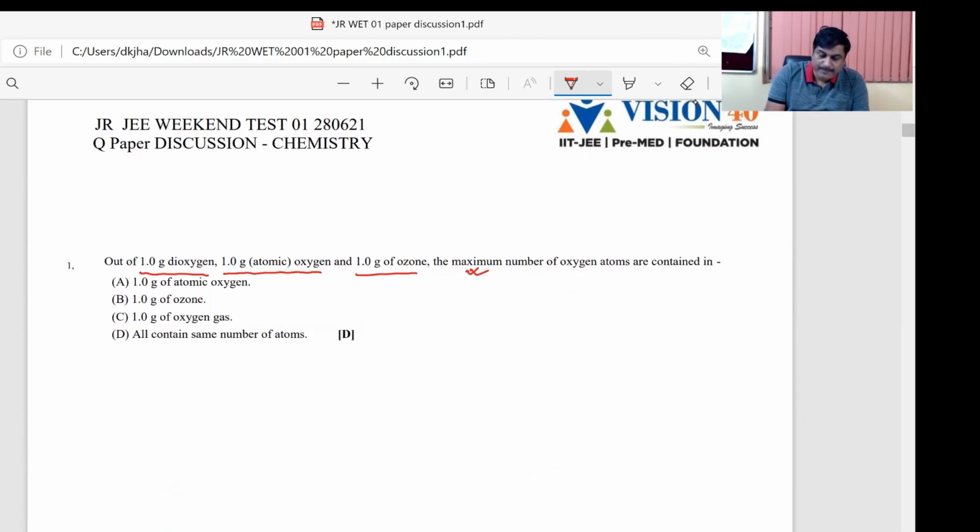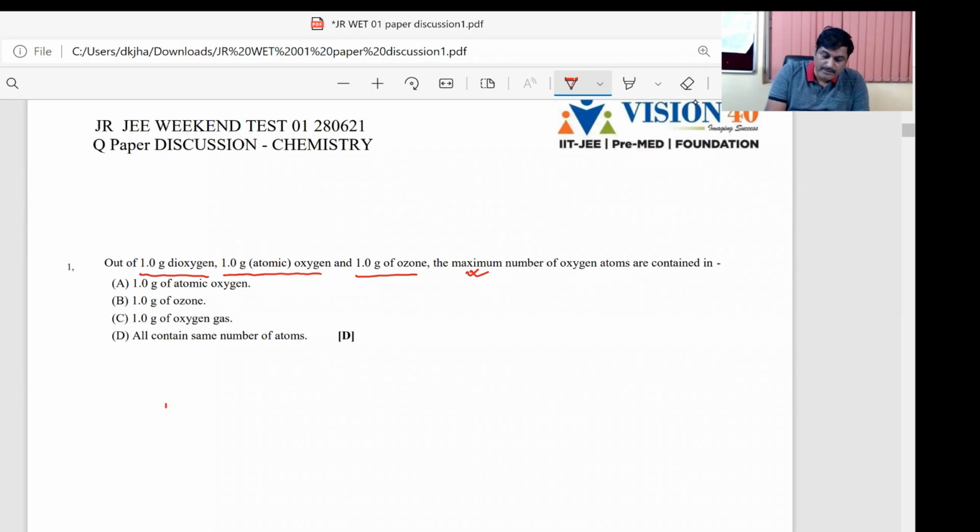Let's write here: 1 gram dioxygen, 1.0 gram O2; 1 gram atomic oxygen, 1 gram oxygen atom; 1 gram of ozone. The maximum number of oxygen atoms are contained in.